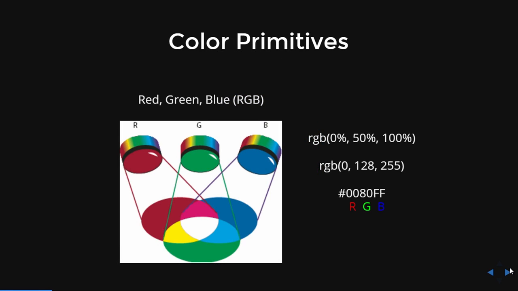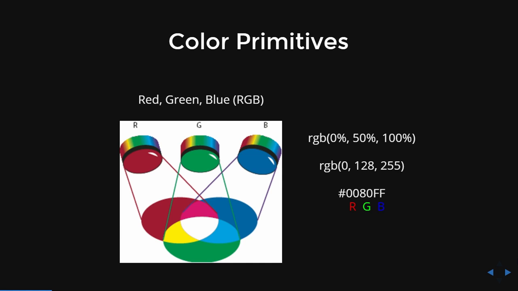So recall from your childhood that we combine colors together to create new colors. One way we can represent any color is as a combination of red, green, and blue. In code, we have several ways of expressing the combination of colors in different syntactical forms.